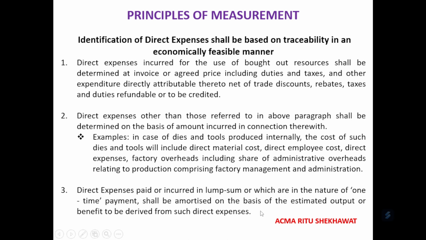It should be amortized on the basis of estimated output or benefits to be derived from such direct expenses. In simple terms, it shall be distributed in each year on the basis of the output or benefits we will receive from that product. On that basis we will distribute our direct expenses.